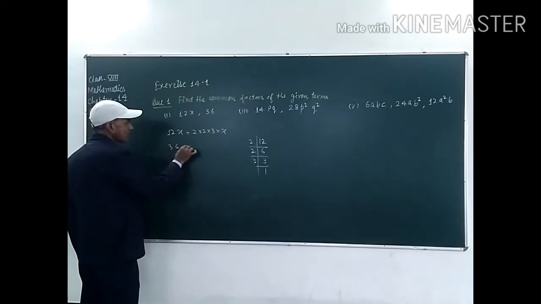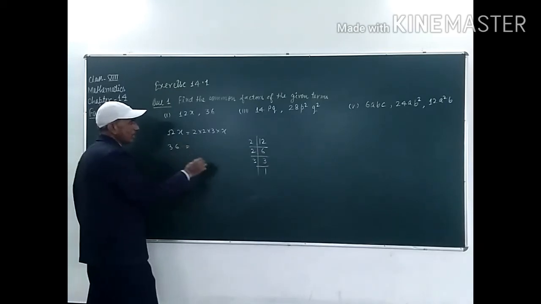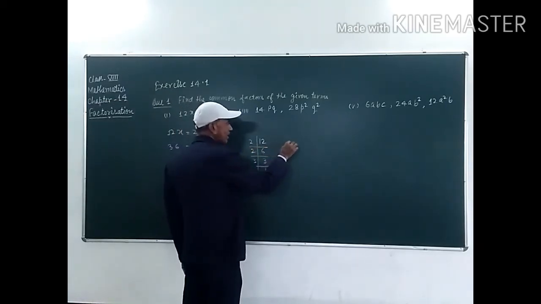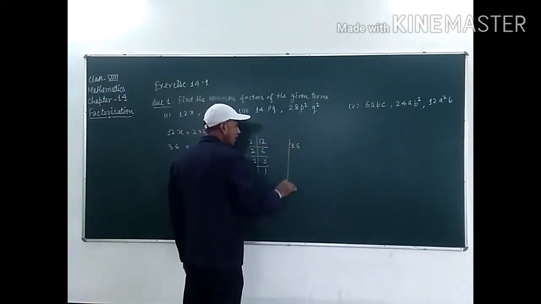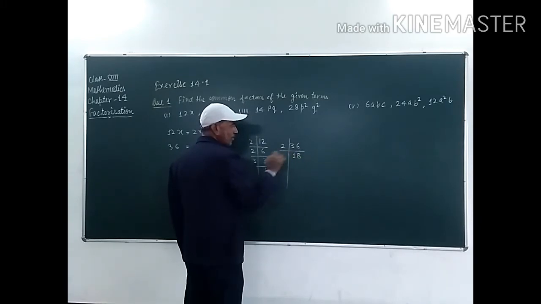that is 36. Now we have to find the factors of 36, students, and if we find the prime factors of 36, it will first be divided by the least prime number, that is 2. So 2 ones are 2, 2 eights are 16, again it is an even number, so it will be divisible by 2.